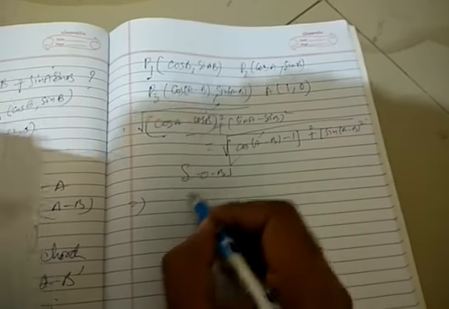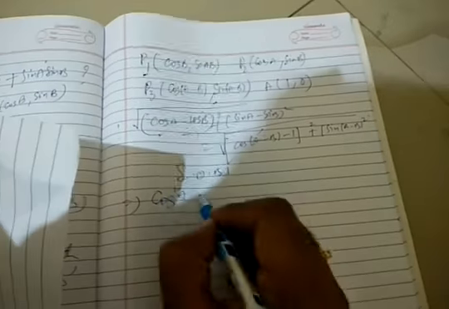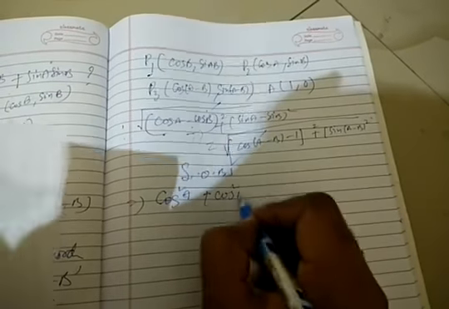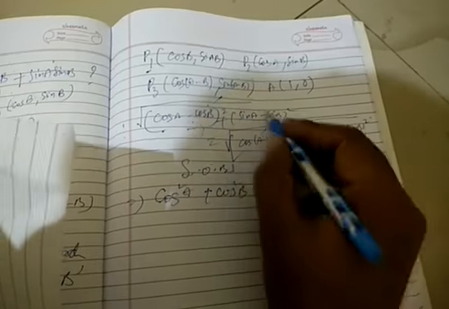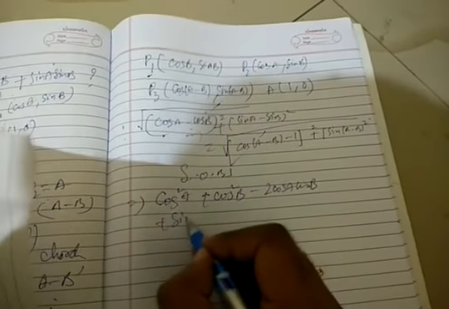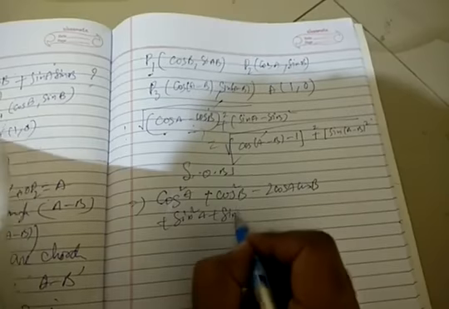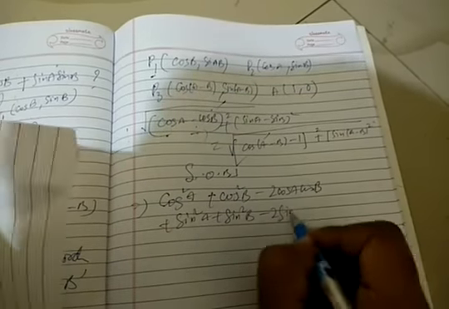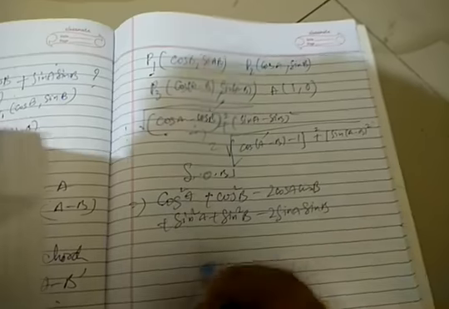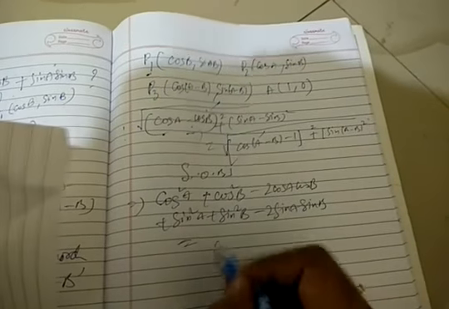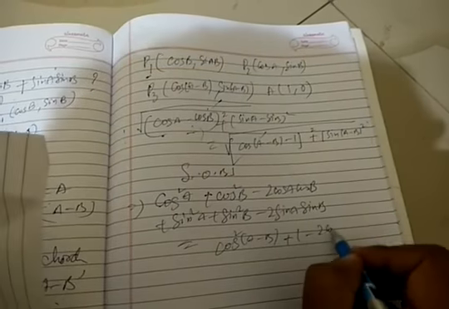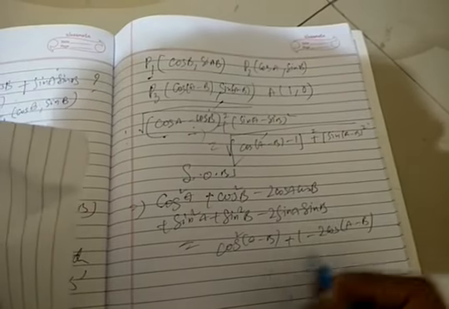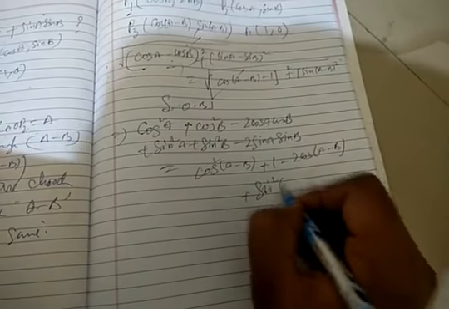Then I can expand: cos squared A plus cos squared B minus 2 cos A cos B, plus sin squared A plus sin squared B minus 2 sin A sin B, is equal to cos squared(A minus B) plus 1 minus 2 cos(A minus B) plus sin squared(A minus B).